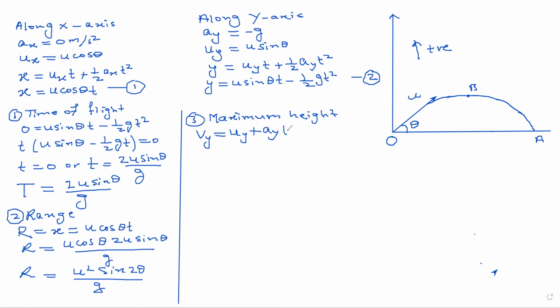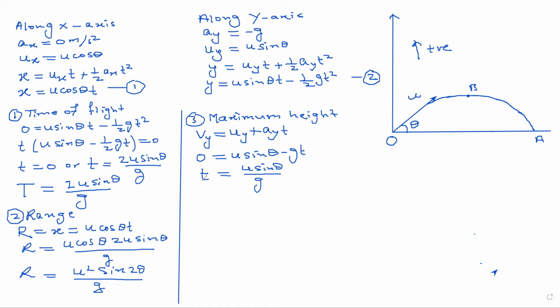At the highest point of its path, the vertical component of its velocity becomes 0, and uy is u sine theta, and ay is minus g, so minus gt. So we get t is equal to u sine theta over g.